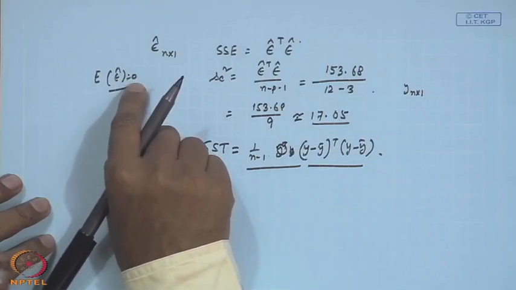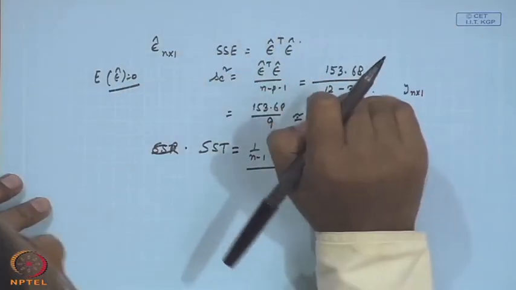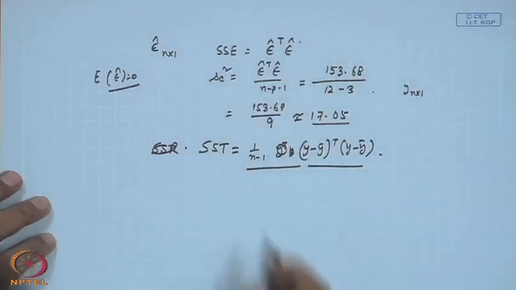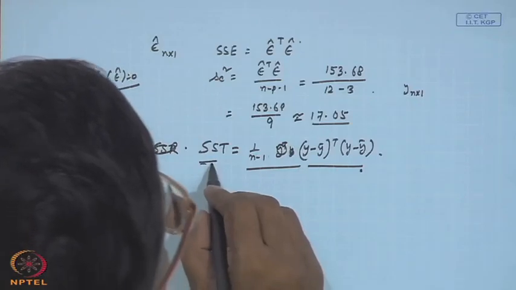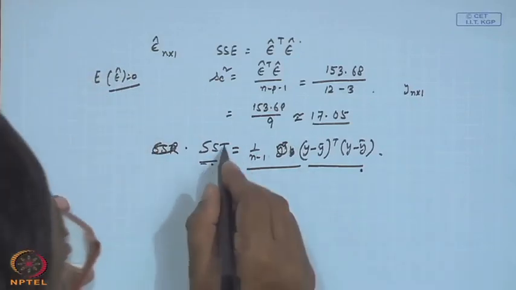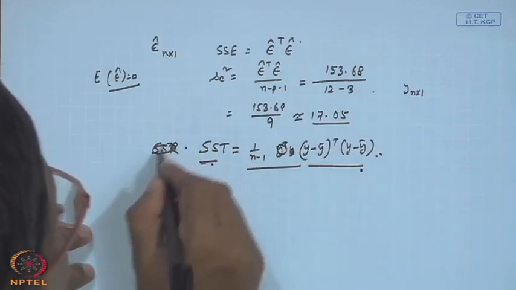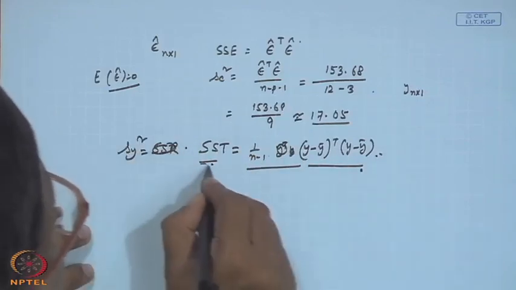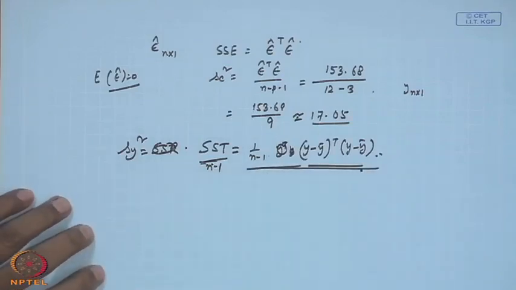Otherwise, even though the expected value of epsilon cap is not 0, it should not be a high value. Okay. So, using this you are able to calculate SST. SST is this one. I was talking about S y square equal to this by n minus 1 equal to this. Correct.